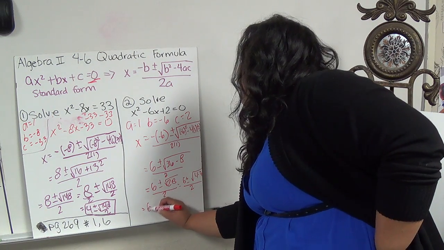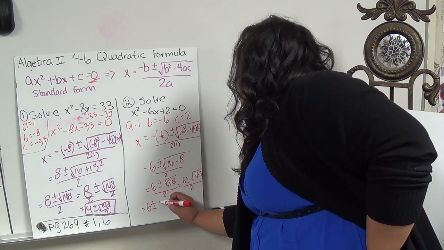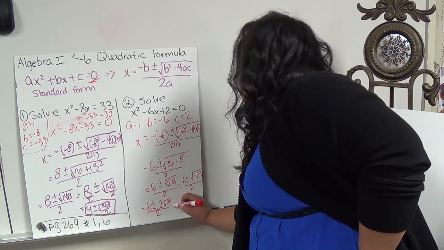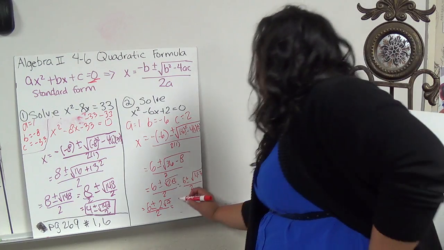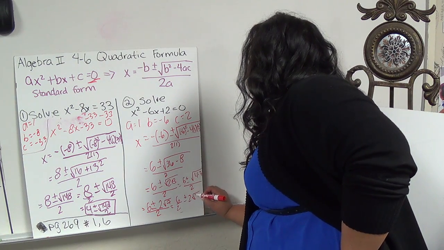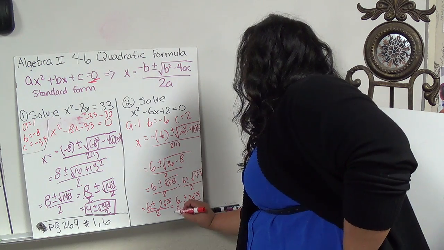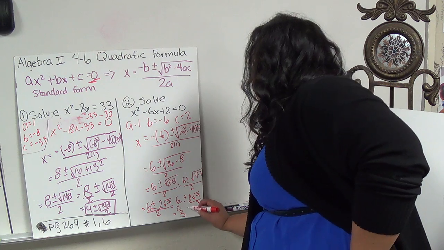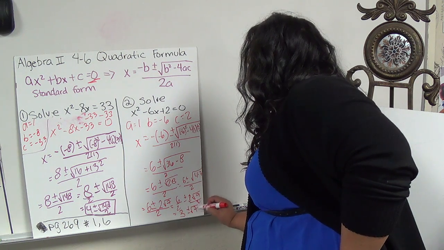So it goes 6 plus or minus 2 root 7 over 2. So this is 6 over 2 plus or minus 2 root 7 over 2. So this becomes 6 over 2, which is 3, and these cancel out, so plus or minus root 7.